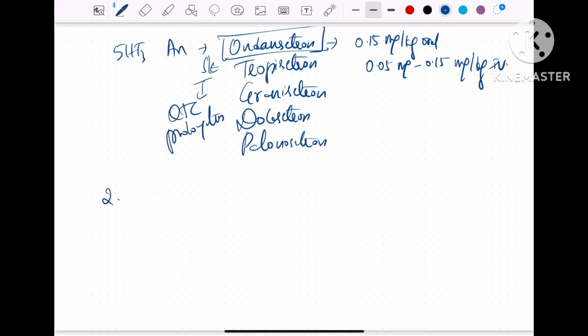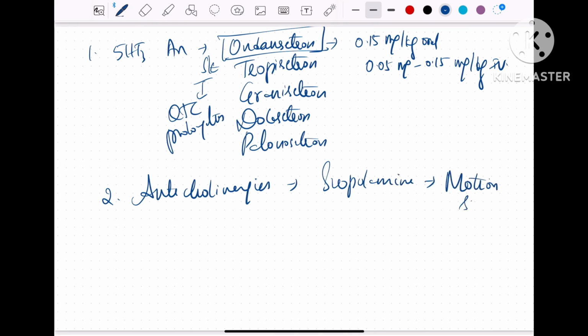The other group of drugs, anticholinergics. In this, most commonly we use scopolamine for motion sickness. It is available as a transdermal patch, most commonly placed post-auricularly, which should be applied 4 hours before the noxious stimulus. It releases at a rate of 5 micrograms per hour, and over 72 hours the absorbed dose will be less than 0.5 mg. After removal of the patch the half-life is 9 hours.